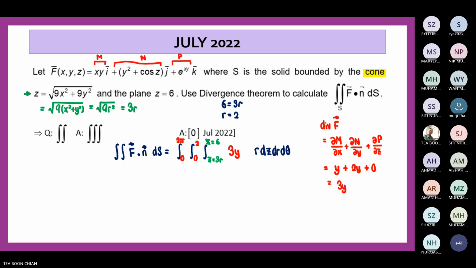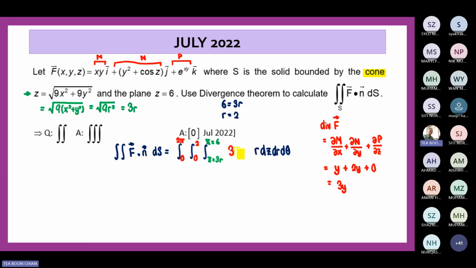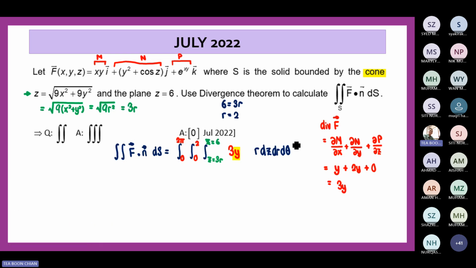Now, we are not finished yet, because after setting up the integral and computing the divergence, we notice that there is still a variable y in the inner function. Therefore, we have to further polar transform it. Under xy variables in a circle, y is polar transformed into r sine theta.